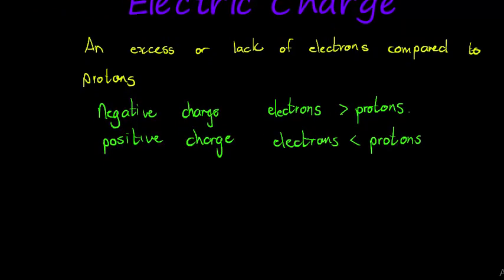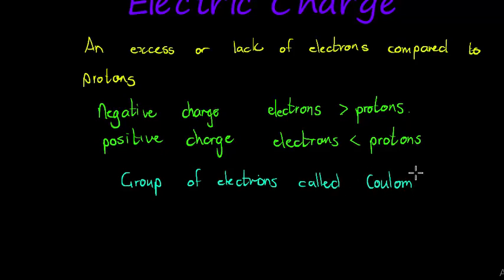And since electrons are very, very small particles, instead of considering each electron as a charge, we will consider a group of electrons. And we've looked at this in a previous video on electricity, a group of electrons called a Coulomb.